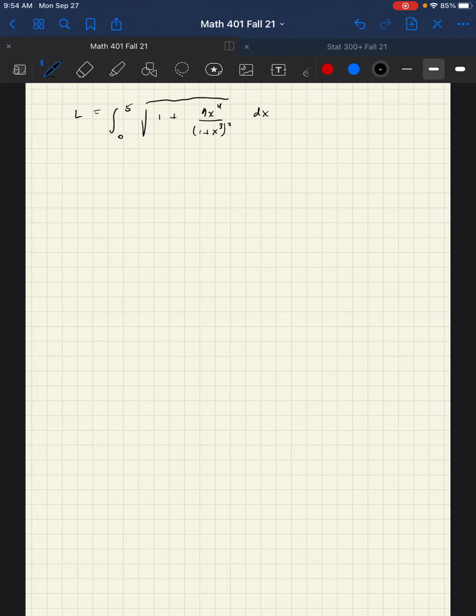So when you have that, your task would be to set up the integrand for Simpson's rule. For Simpson's rule, we have n equals 10, which implies our x sub i's come from the set starting from 0 and going up to 5 with 10 subintervals. So you're going to be adding 5 divided by 10 each time: 0.5, 1, 1.5, 2, and so on, all the way up to 5. So there should be 11 values there.